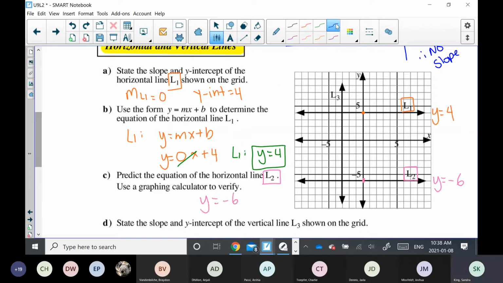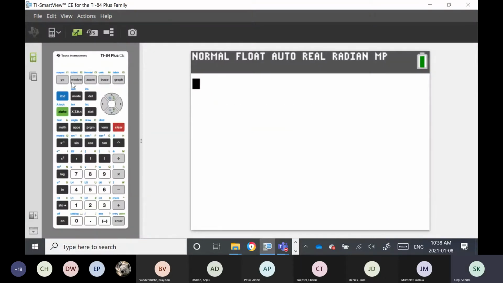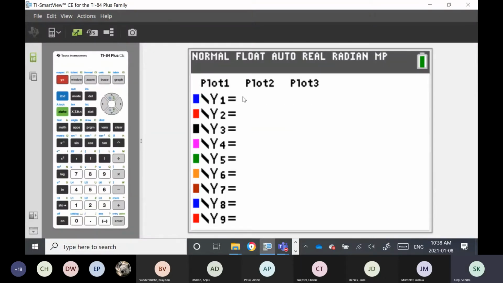If, for example, I gave you y is equal to 8, and I asked what this would be, hopefully you can see it would be a horizontal line going through a y-intercept of 8. If I took out my calculator and went to y is equal to, remember we could type anything in as long as we're in the form of y is equal to.